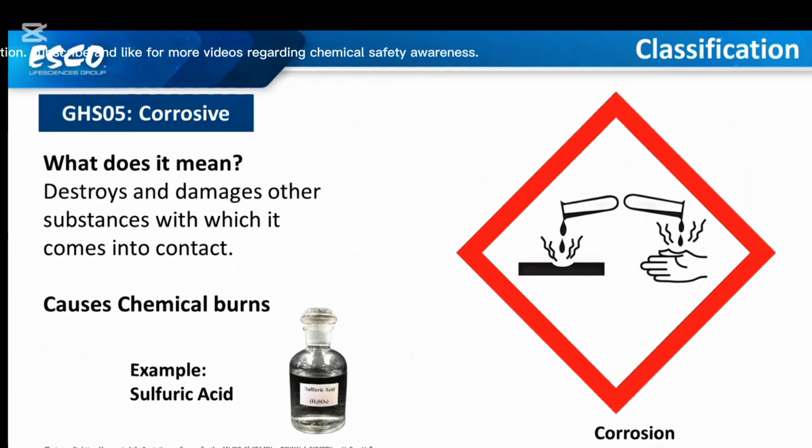The drops are burning both hand and the object. Hydrochloric acid, for example, is commonly used in pathology labs as a preservative in urine tests, and is part of the corrosive family as well.